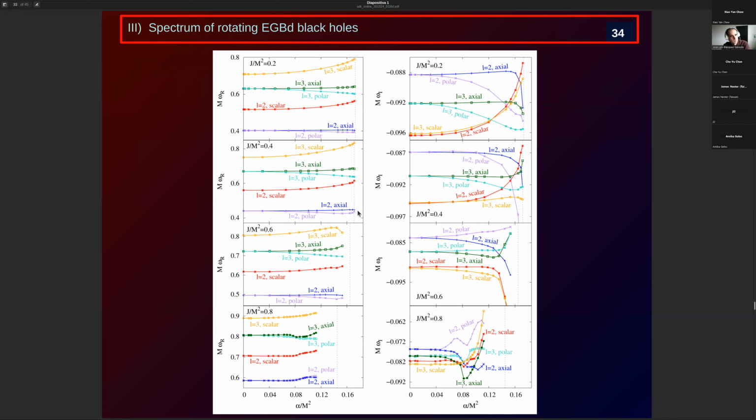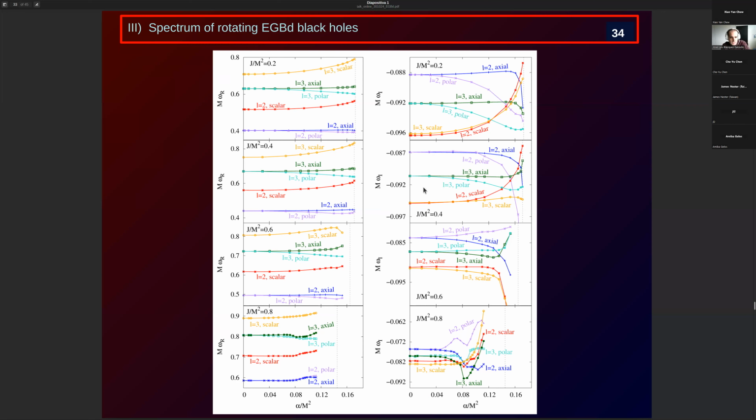And as you hit the critical value of alpha that I told you before, where the solutions stop being regular, typically you have a dependence on the mode that is a bit more sensitive to the coupling constant, okay? And the same happens if you take L equals 3, you see that the difference is a bit larger in the real part, and as the scale goes up, typically the frequencies increase, okay.